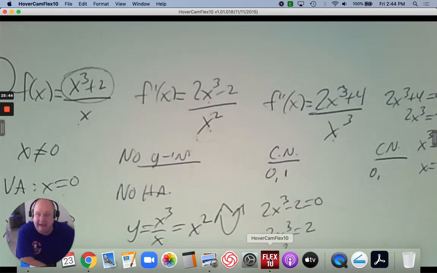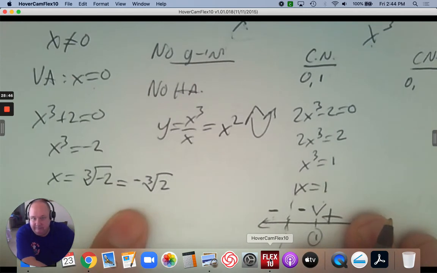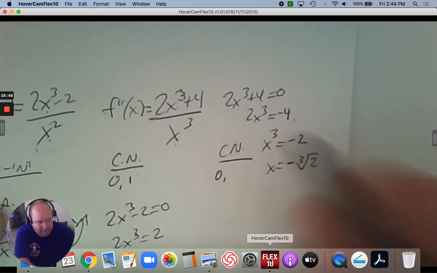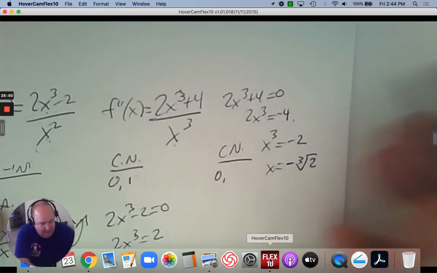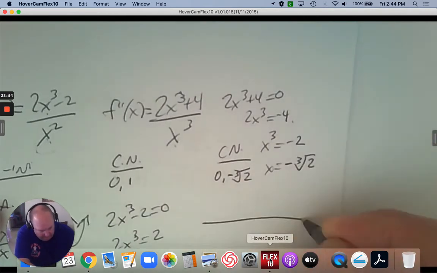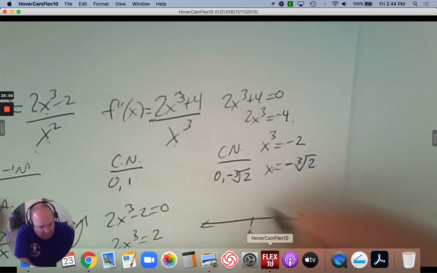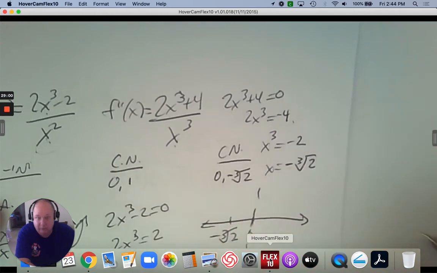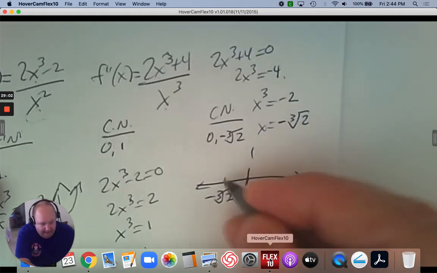Hey, that's my x-intercept. So our x-intercept is a critical number to look at. So we have 0 and negative the cube root of 2. And I know this is an x-intercept.